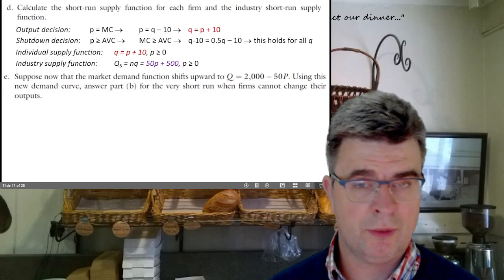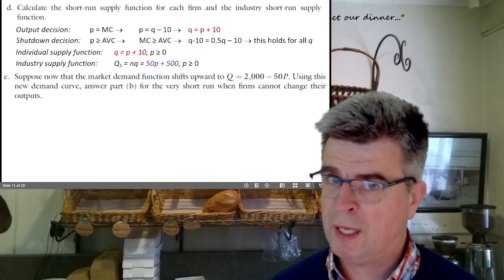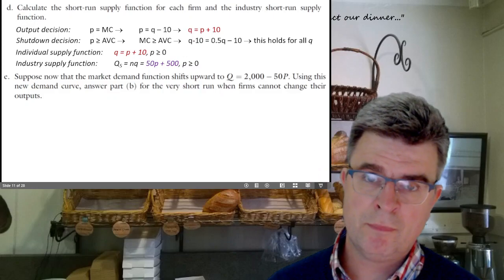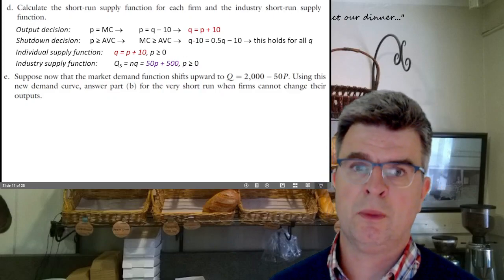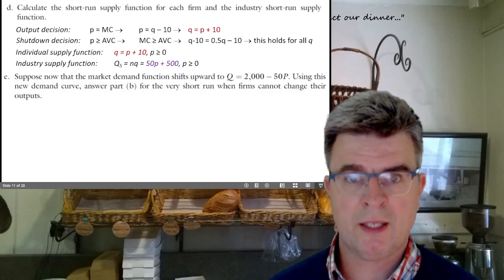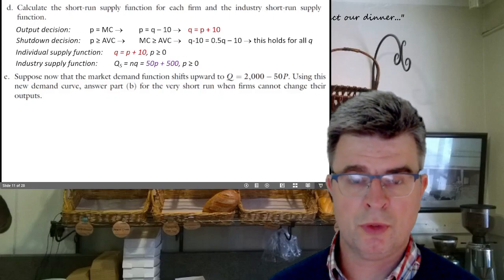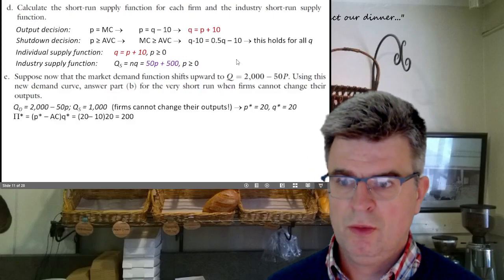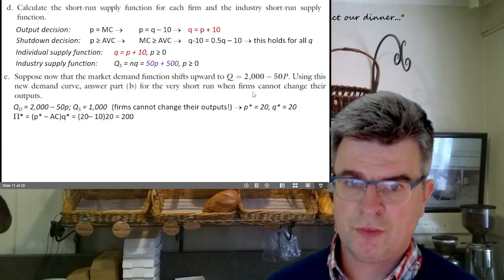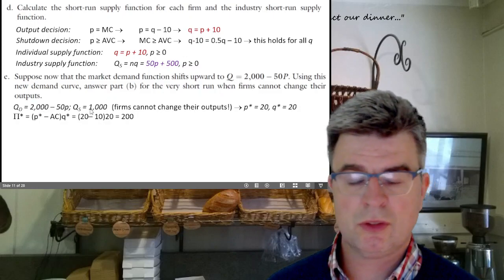So in the short run, there's no entry and exit. In the very short run, in addition, firms can also not adjust their output. So the firms that are active in the industry will continue to produce 20 units. The demand function is 2000 minus 50p in the new situation.